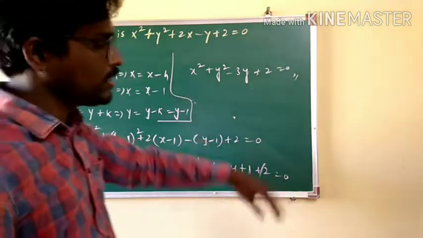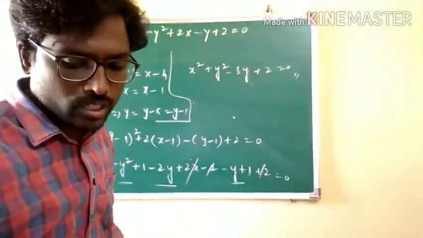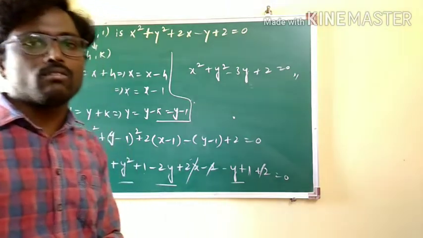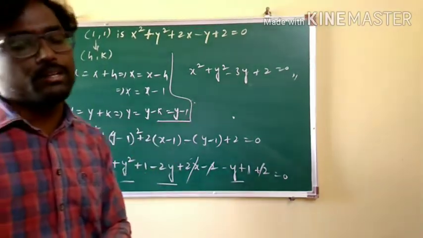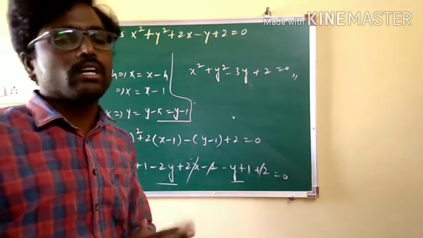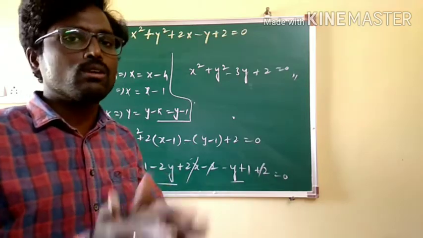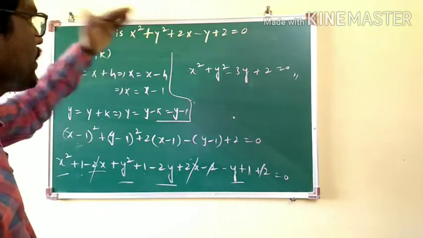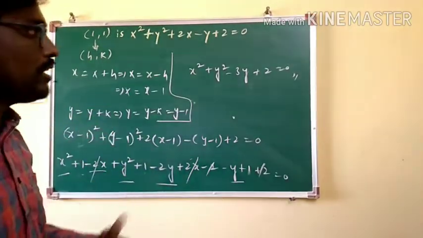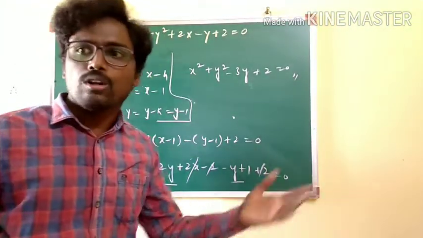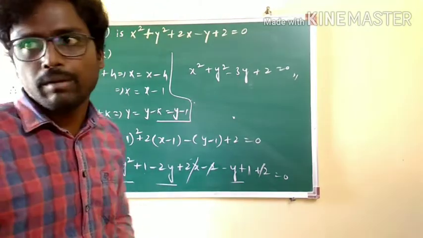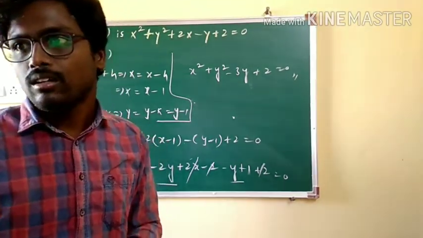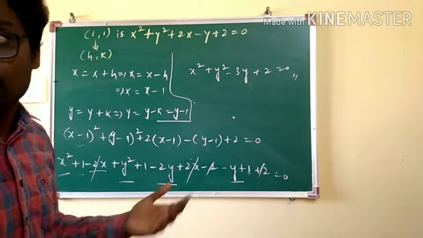Whatever outcome we have got in terms of small x and small y is nothing but the old equation. Means the equation we obtained is according to the old coordinate system. With the help of the new equation as well as the origin, we could trace out the equation in the old system, that is x square plus y square minus 3y plus 2 is equal to 0.